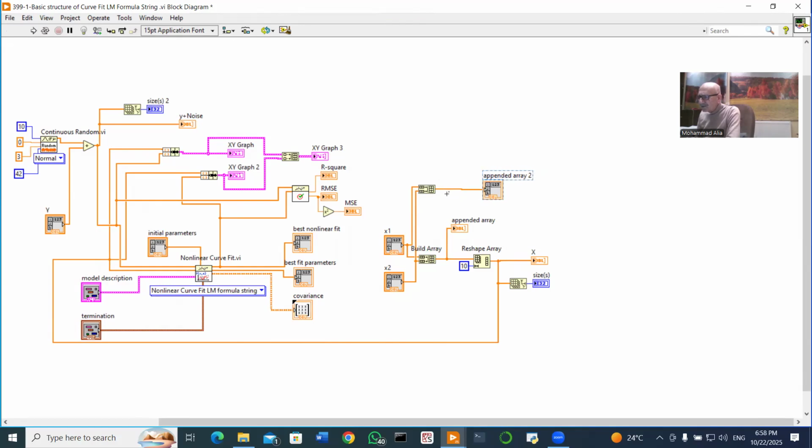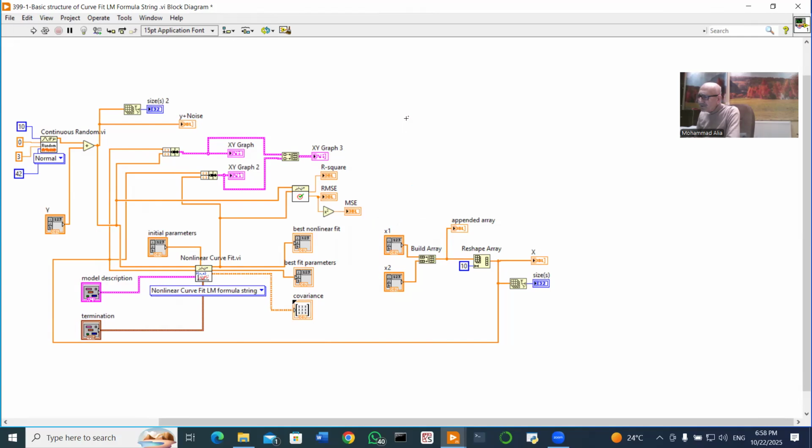So now we know what we mean by concatenating arrays in order to get one-dimensional array which is composed of the two arrays x1 and x2.